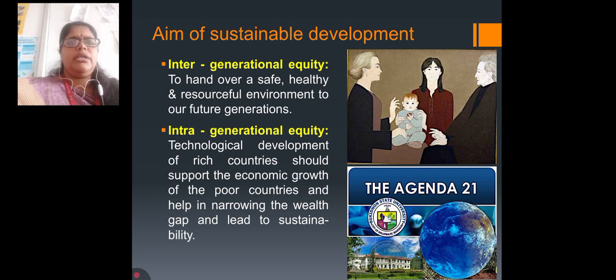Intragenerational equity means the technological development of the rich countries should support the economic growth of the poor countries and help in narrowing the wealth gap and lead to sustainability. So this is about intragenerational equity. Intergenerational equity and intragenerational equity are an important part of sustainable development.